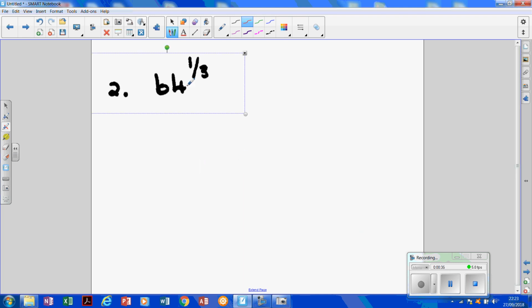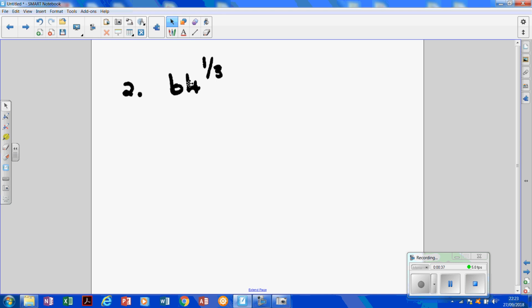Next one. We want 64 to the power of 1/3. So roots are underneath the fraction, underneath the ground. So that becomes the cubed root of 64 all to the power of 1. Again, that number sticks, does not move. Now, we're thinking about the cube root of 64.